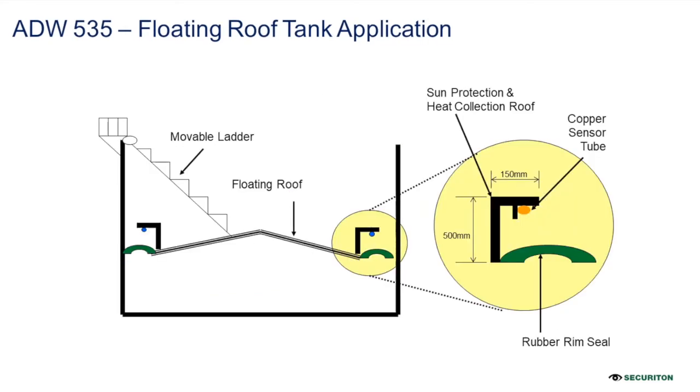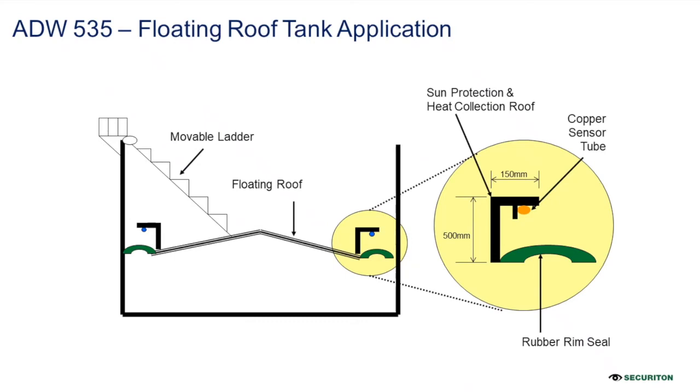And here, as you can see, on the other side of the roof tank, there is a rubber rim seal, and the ADWs will be placed underneath the sun protection. As I mentioned in the research paper, the weather is an issue: if our sensors are completely exposed to the sun, you may have false alarms from time to time.